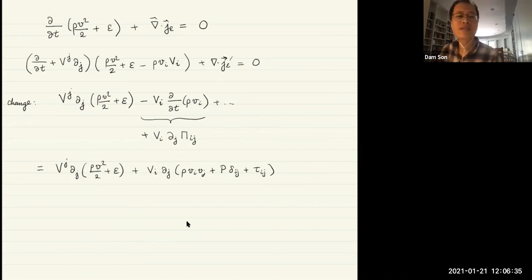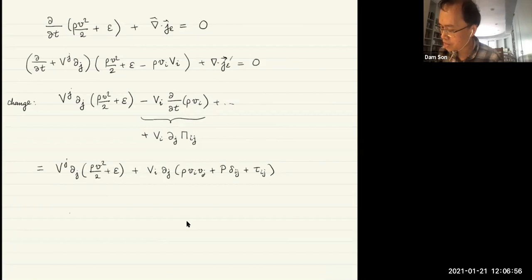I want to get the constitutive relation for J, consistent with Galilean invariance. And I know inside this energy current, there must be something that transforms to cancel this piece. And it's easy to guess what it is.